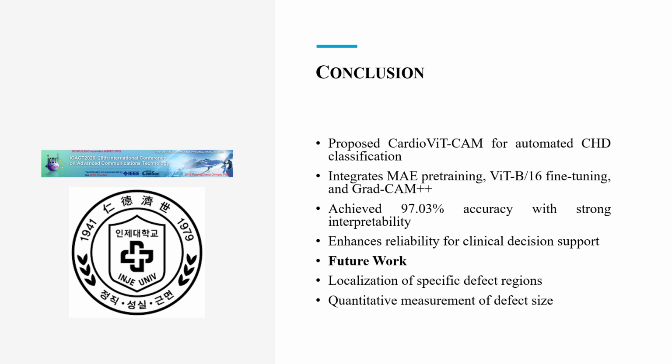The system achieved 97.03 classification accuracy and shows strong potential for clinical decision support. In future work, we plan to extend this framework to precisely localize defect regions, quantitatively measure defect size, and expand evaluation using multi-center clinical datasets.